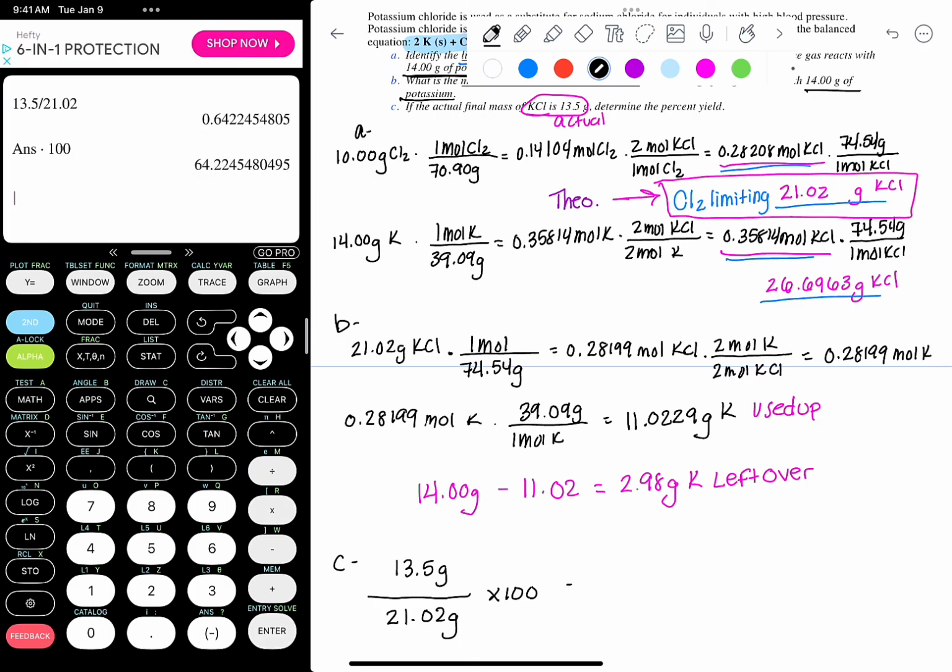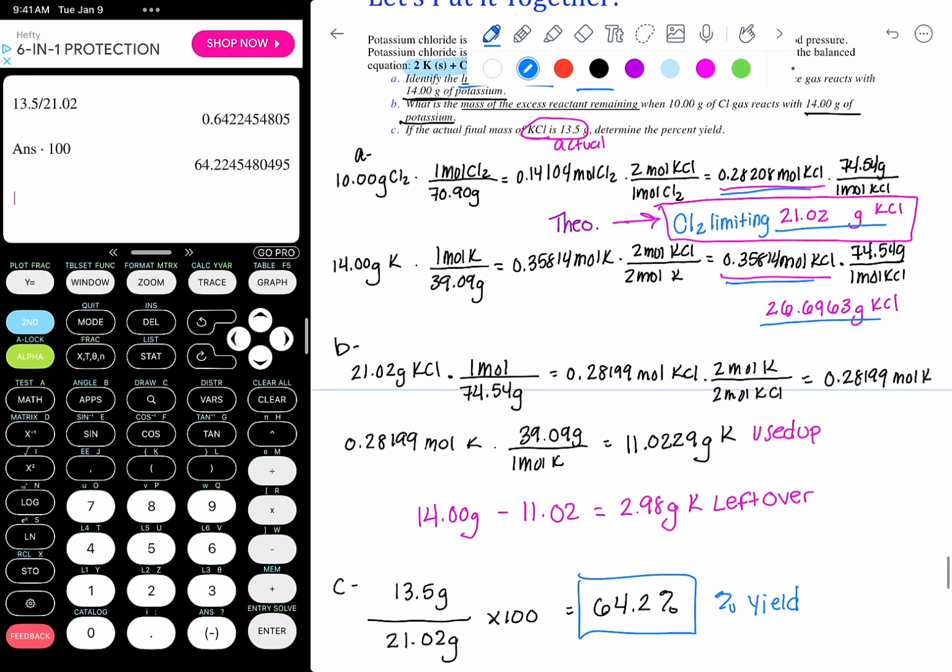And we get out 64.2%. And that is our percent yield.